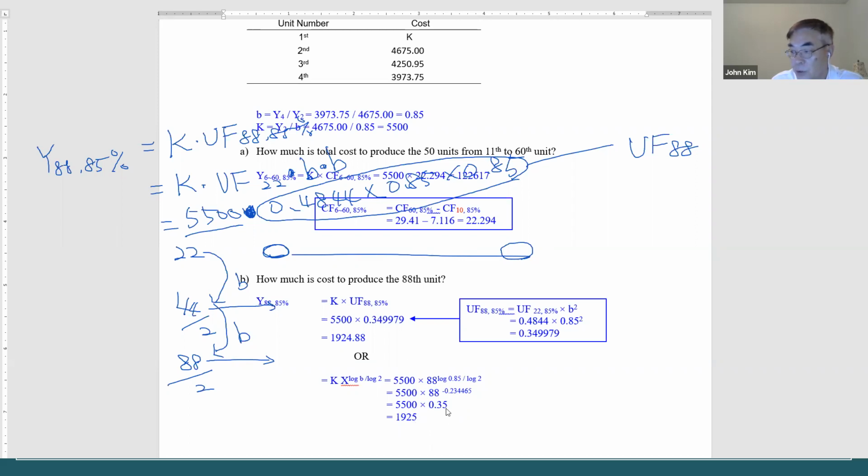So either way works. If we understand this arithmetic learning curve concept or rule, then you can use the chart or a formula like this. Okay, any question? No. Okay, good.